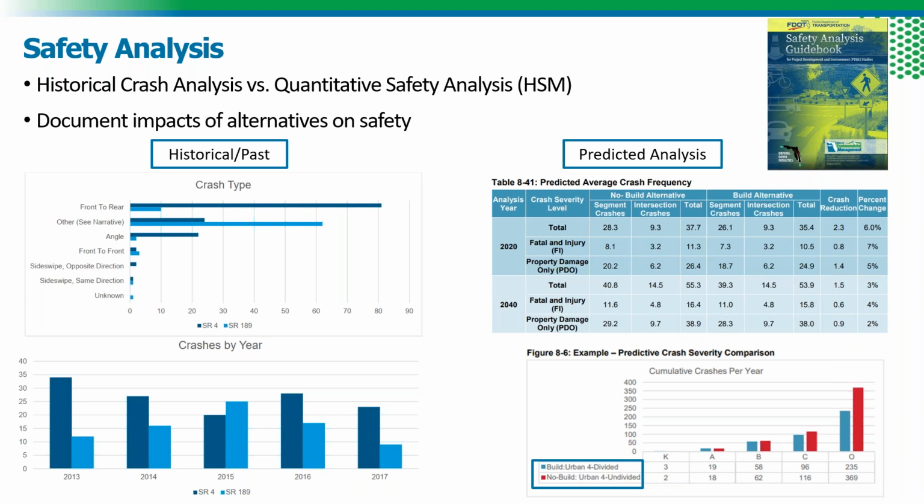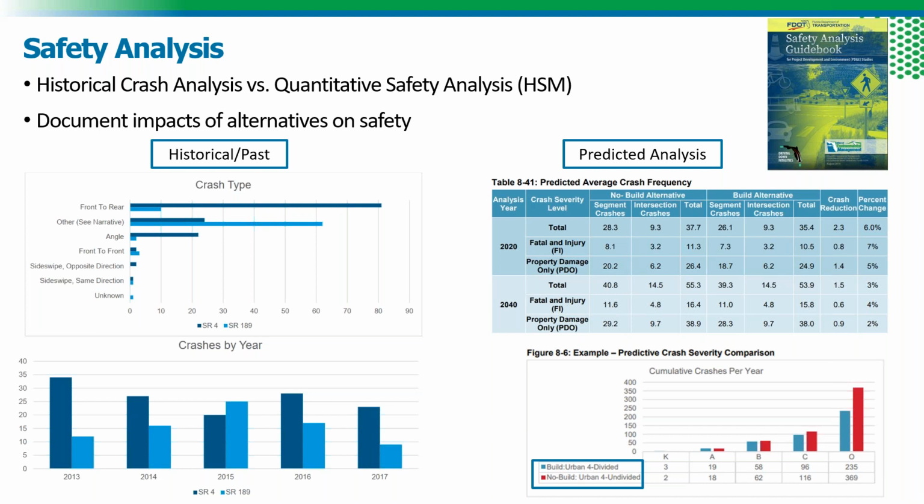That's where the predicted, more quantitative safety analysis comes in. That's where we can look at the different predicted number of crashes for different alternatives.